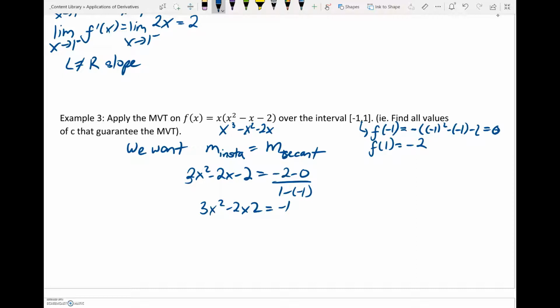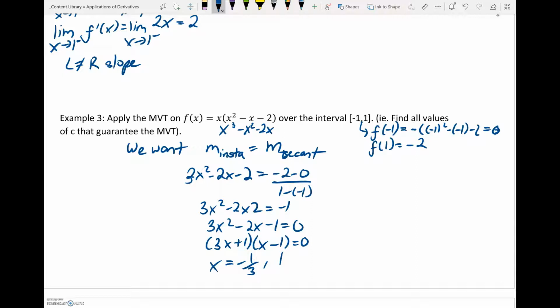I'm going to move the -1 to the other side, have everything on one side, and then we'll factor out to find our x. So once we factor this is 3x plus 1 times x minus 1. So our possible x values are -1 over 3 and 1.